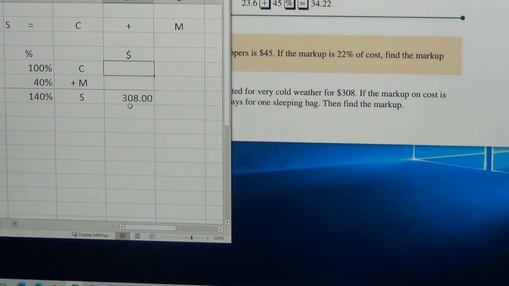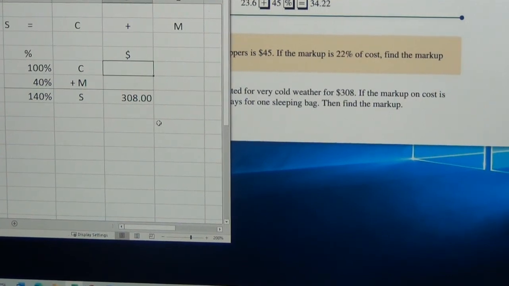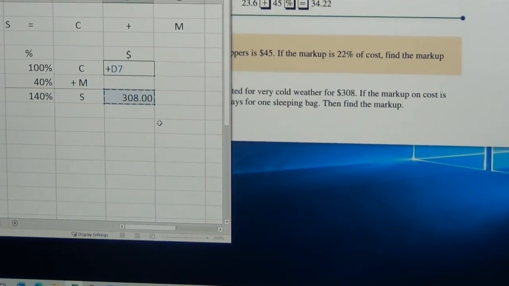Well, if that works as a multiplication forward, then going backwards, what do we do? We divide. So therefore, $308 divided by 140% will give us that number, that cost. So let's do it. 308 divided by 140% gives us $220.